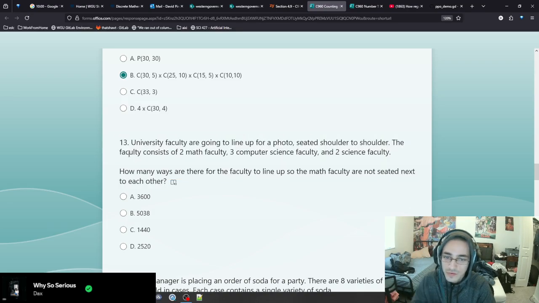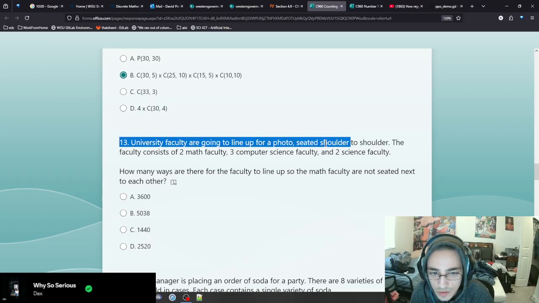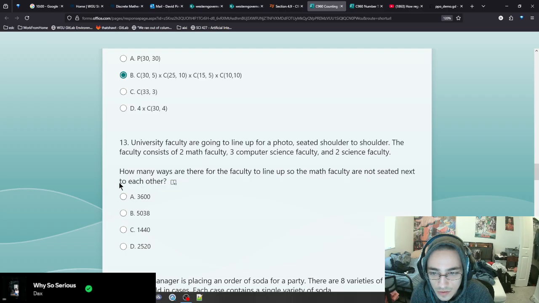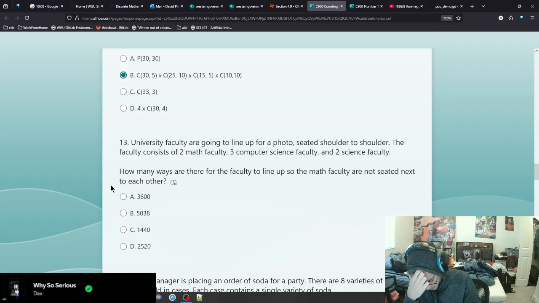Okay, so they can't be seated next to each other. Let me just try this out. So I got this. One, two.